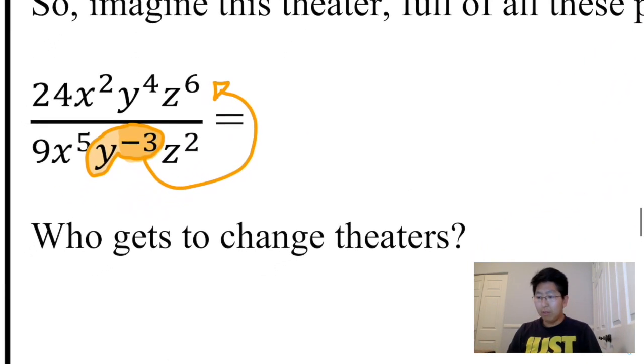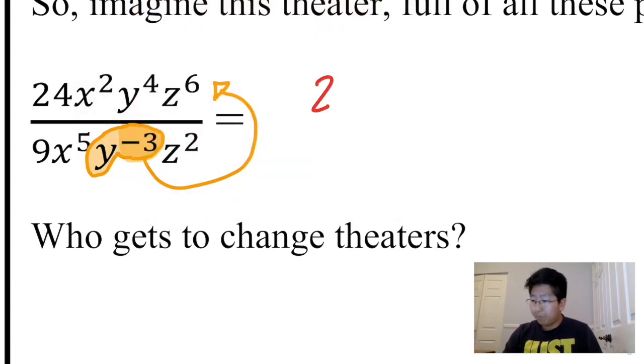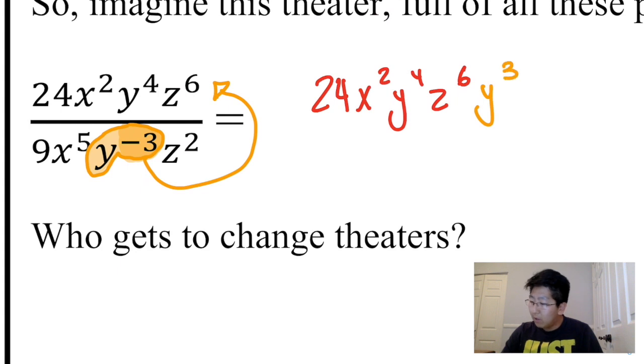So here, I'm going to rewrite this, but we're going to let y use the ticket and come up to the top. So, right here, 24 x squared, y to the fourth, z to the sixth, and what comes up to the top? Y to the third. And look, what happened?